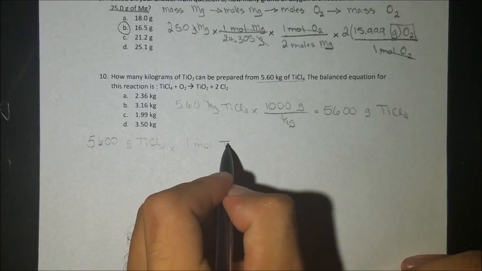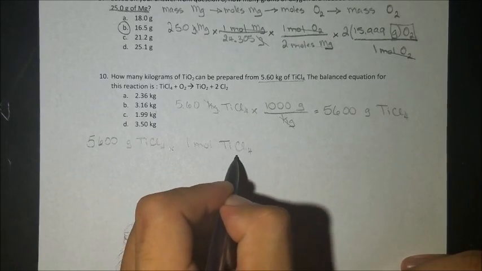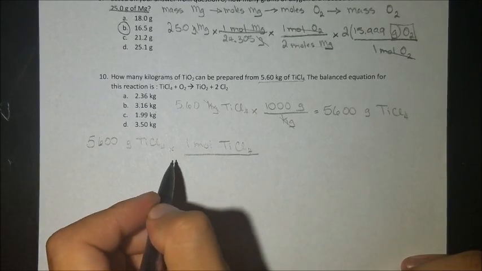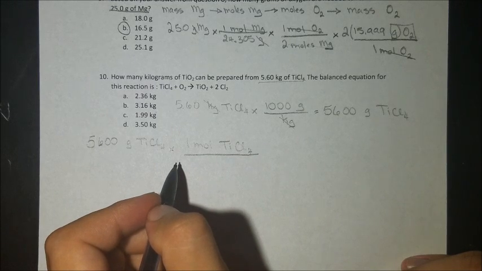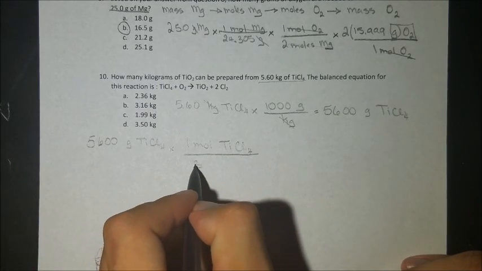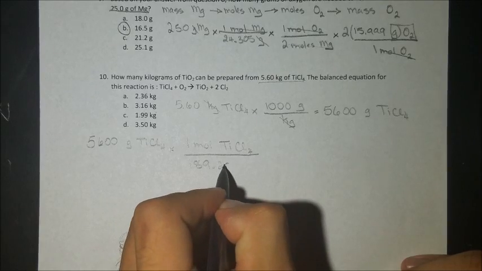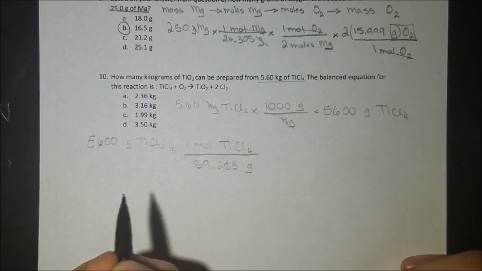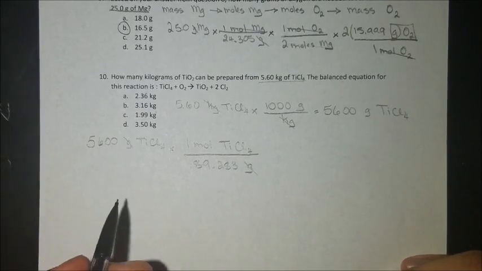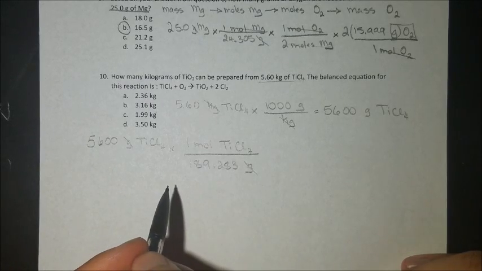So for every 1 mole of this, we have, and I'm just getting this off of the periodic table, 189.283 grams. So our grams are going to cancel, and now we are in moles of titanium chloride.